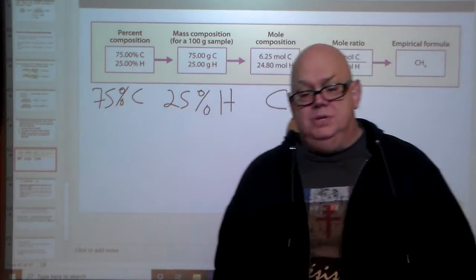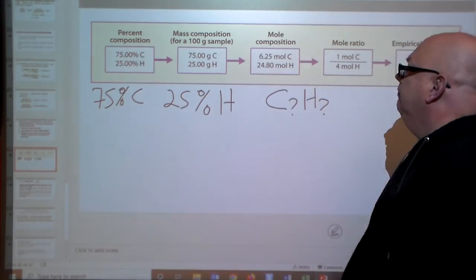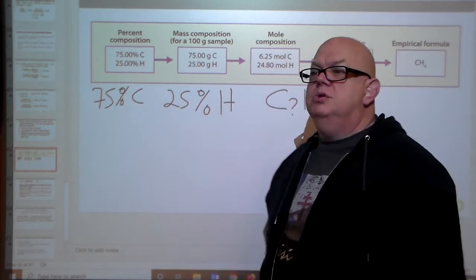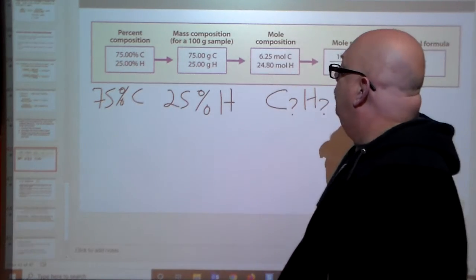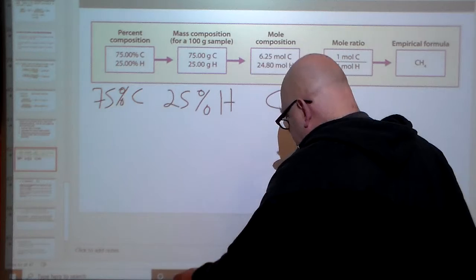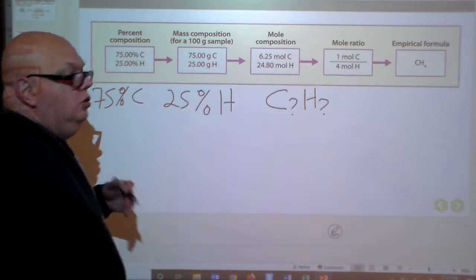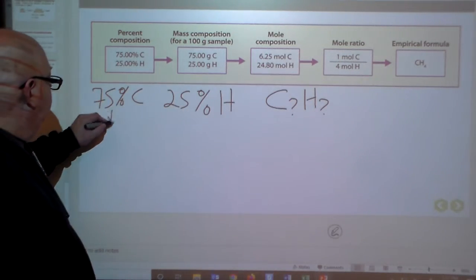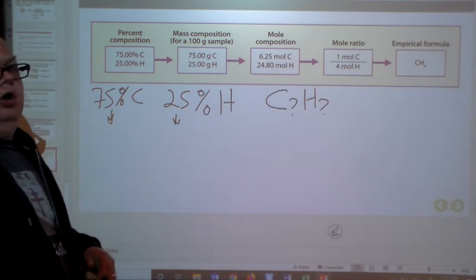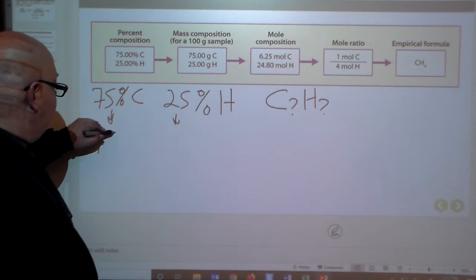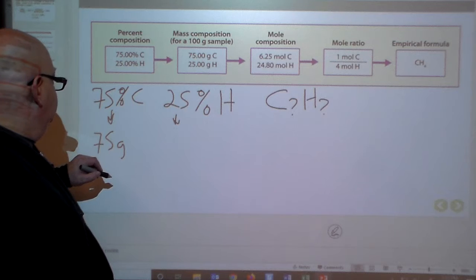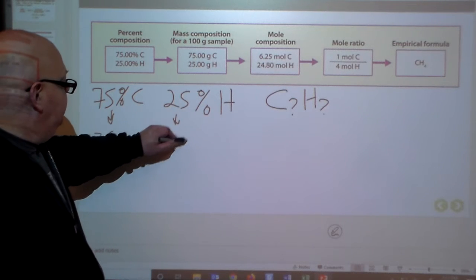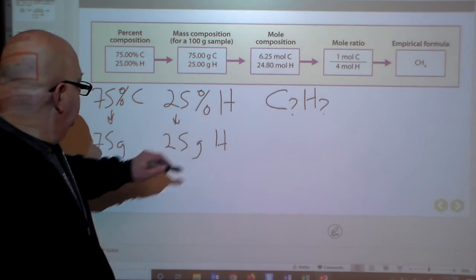What's in the subscripts? Well, we got percent compositions, which is great, that's wonderful. So what we can do, let's change that over to grams. So let's go ahead, and we're gonna assume 100 grams of the sample, right? So 75 grams of carbon and 25 grams of hydrogen.